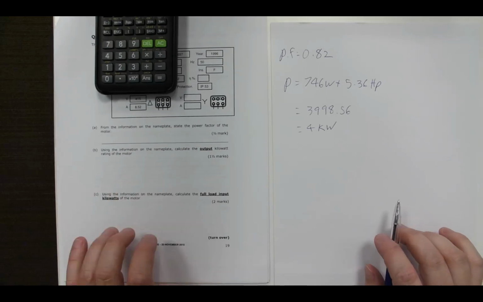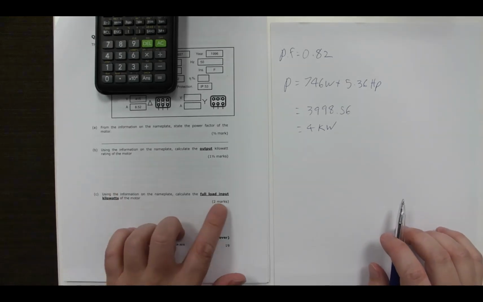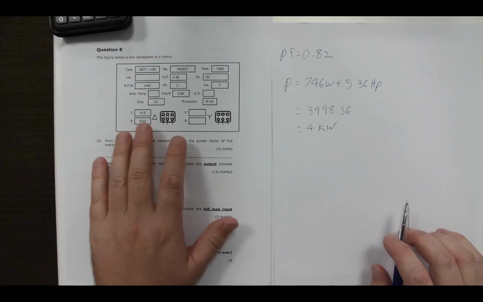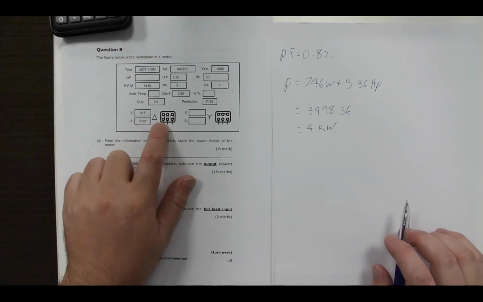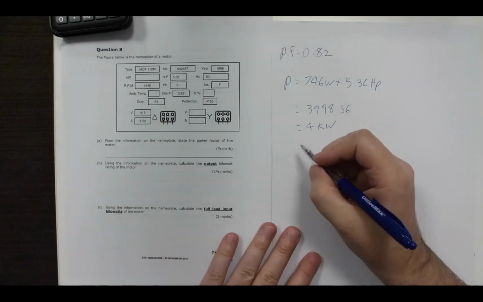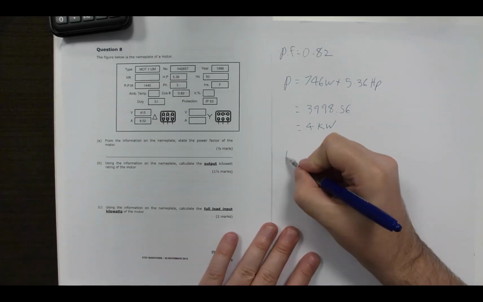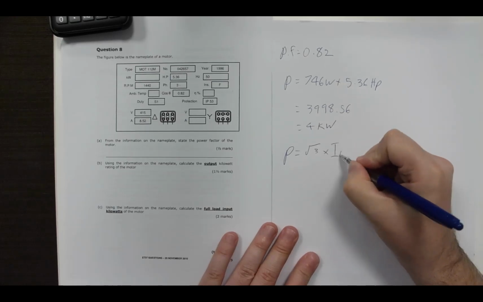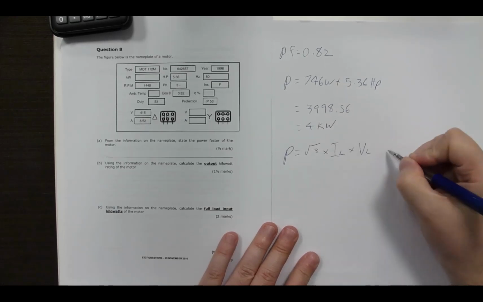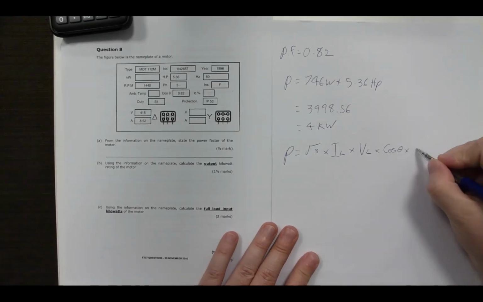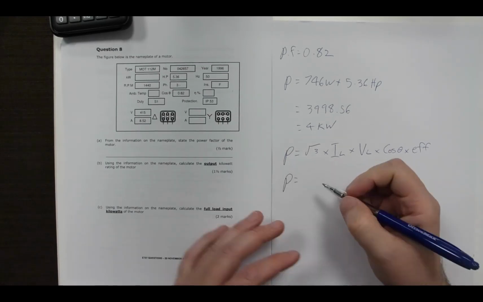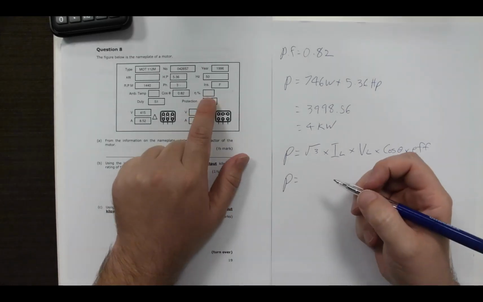Now moving on to question B, calculate the full load input in kilowatts of the motor. So this is a 3-phase motor because we're told it's 415 in delta. So our power formula in this case is power equals square root of 3 times I line times V line times cos theta times efficiency. We don't have an efficiency, so we're going to use 1.